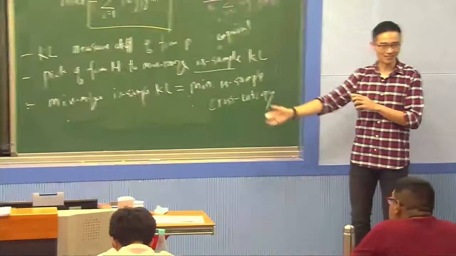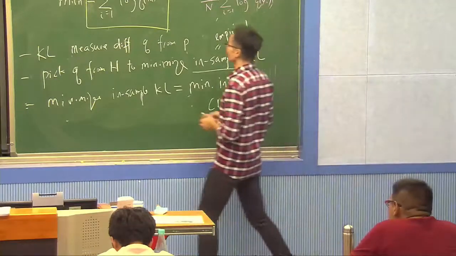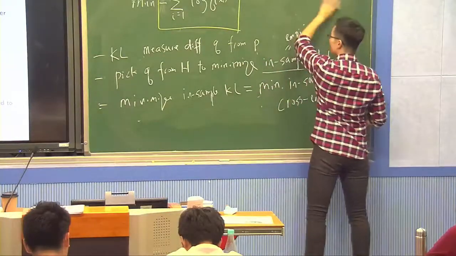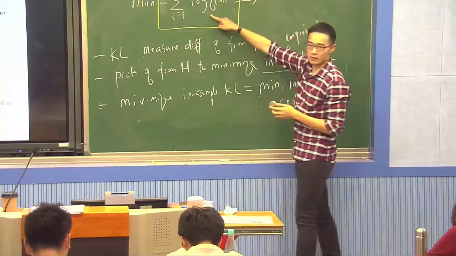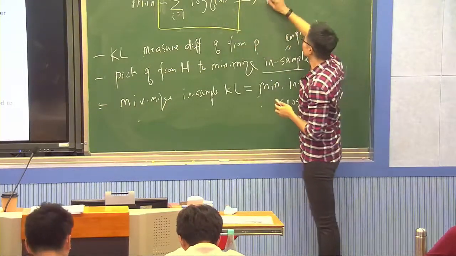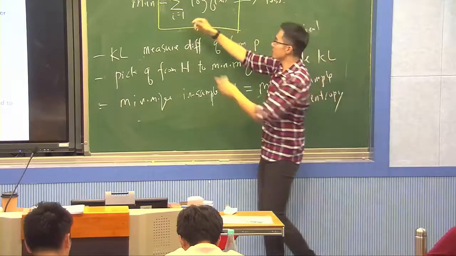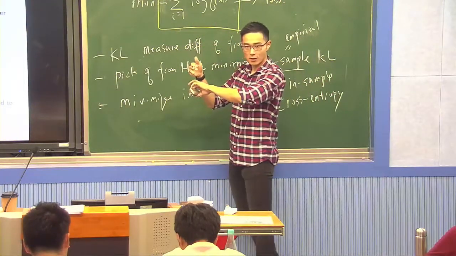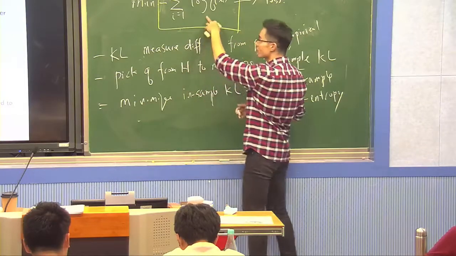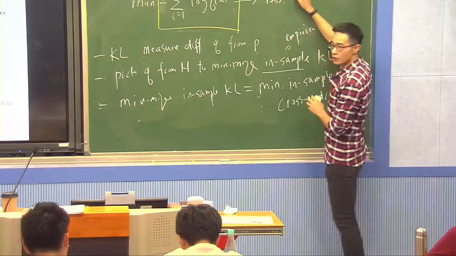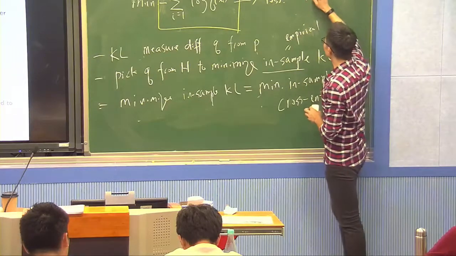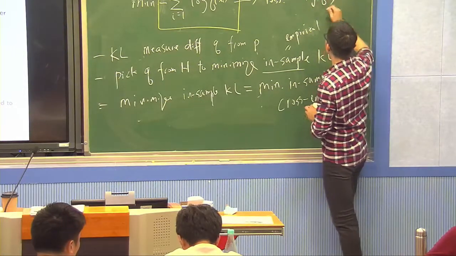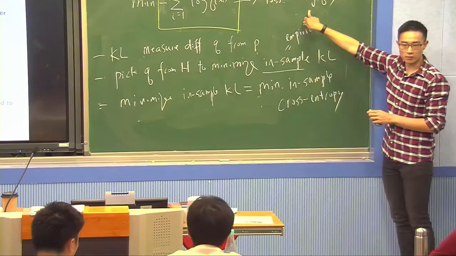That's basically the story I have told so far. Now, if we minimize in-sample cross-entropy, what is the loss function? Remember, this is our error, right? The error is the expected loss function, or average loss function. So the loss function here is very simple. The loss function is simply negative log q(x). That's the loss function.